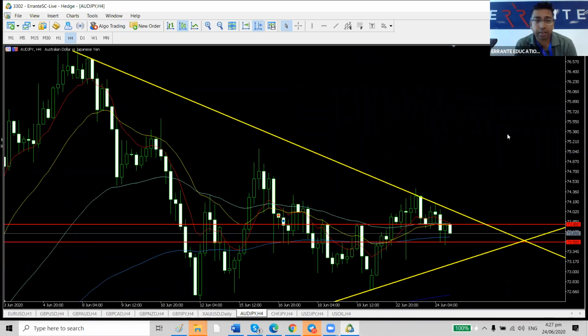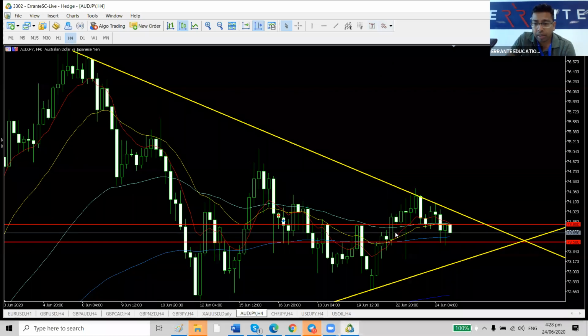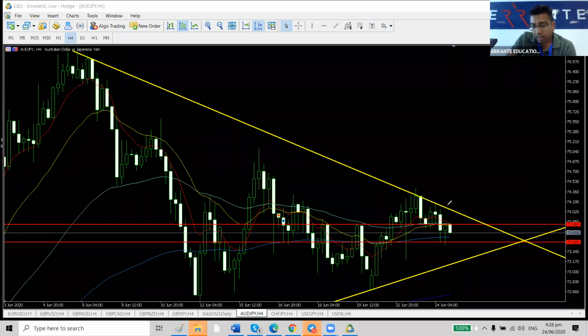Now, if you're expecting it to actually fall, then it has to fall under 73.50, giving you 73.40 as your psychological level. Okay, so now let us just look at hypothetically what can actually happen. This is what could potentially happen: price is now within this triangle type pattern here.